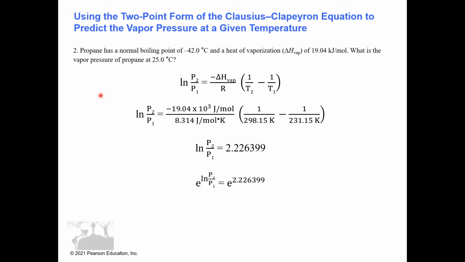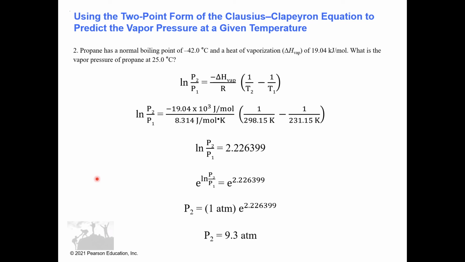In order to get rid of the natural log, we have to set both sides of the equation to the base E. We multiply both sides by P1 so that we could isolate P2 on one side. And don't forget, because the question says normal boiling point, our first scenario is at 1 atm.